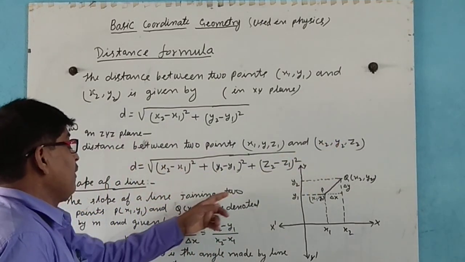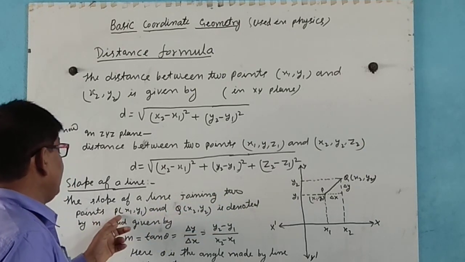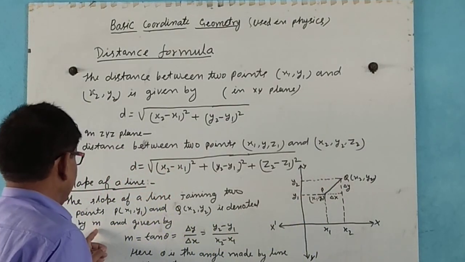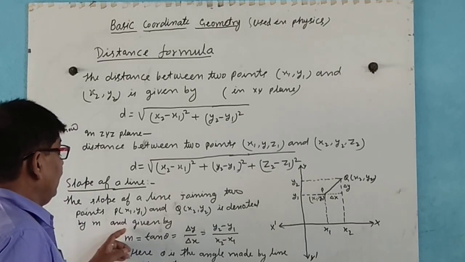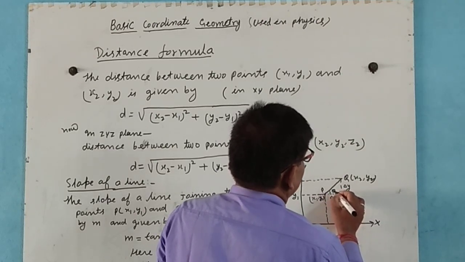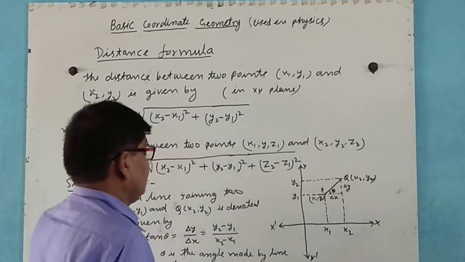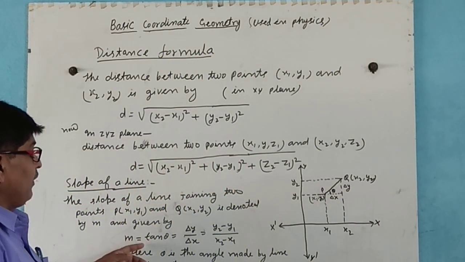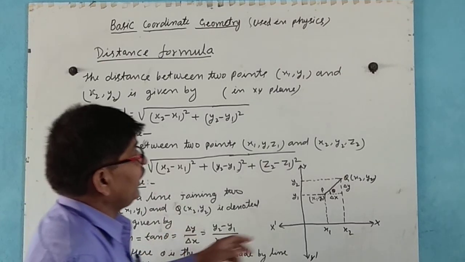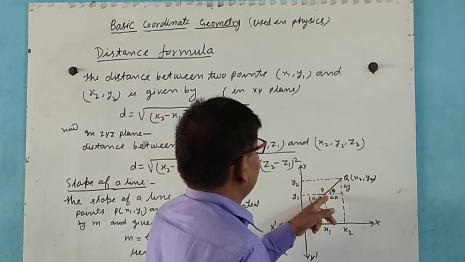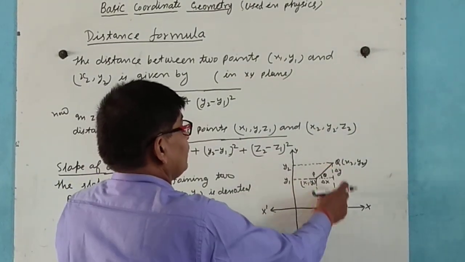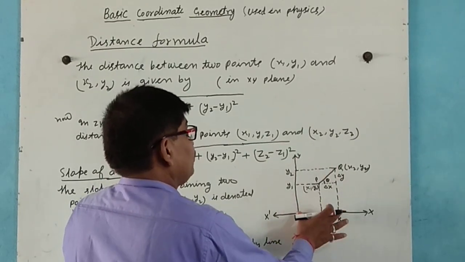Then the slope of the line PQ joining the 2 points P x1, y1 and Q x2, y2 is denoted by m and given by m equal to tan theta equal to perpendicular by base, which is delta y by delta x, that is y2 minus y1 divided by x2 minus x1.